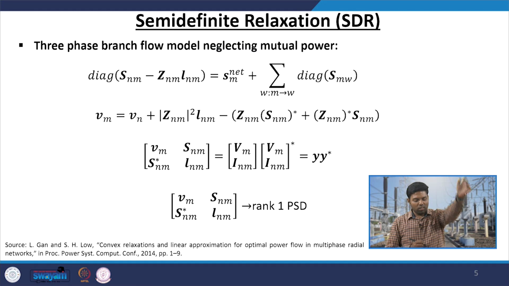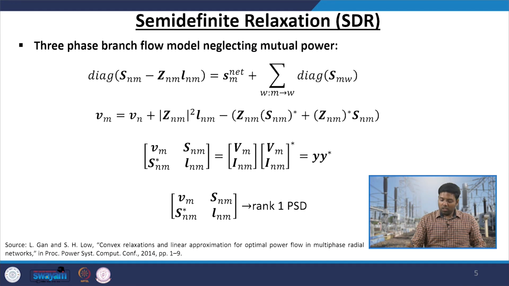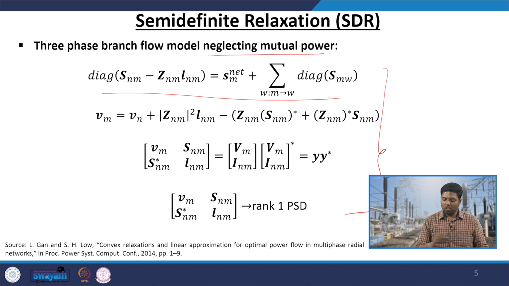So, we will start with the semi-definite relaxation. This is your original branch flow model, which we have seen for the three-phase system. We have neglected the mutual power, and this is your branch power balance equation, where we are considering diagonal elements only.